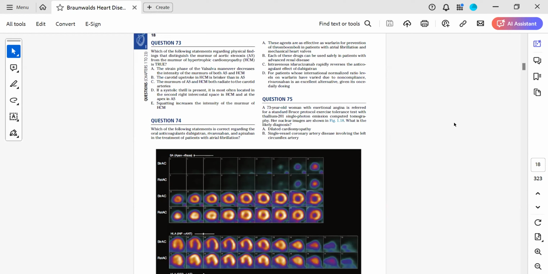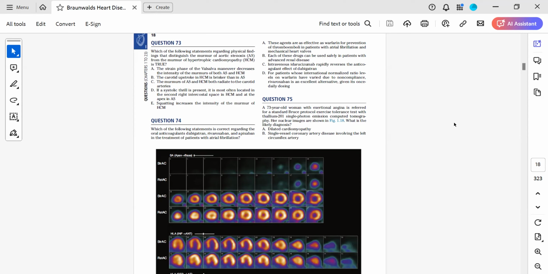We mentioned this earlier: the Valsalva maneuver reduces venous return. I'm not sure, but I know it would increase the intensity of the murmur of hypertrophic cardiomyopathy. Will it do the same for aortic stenosis?